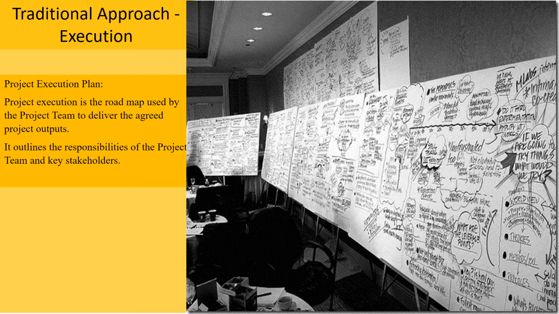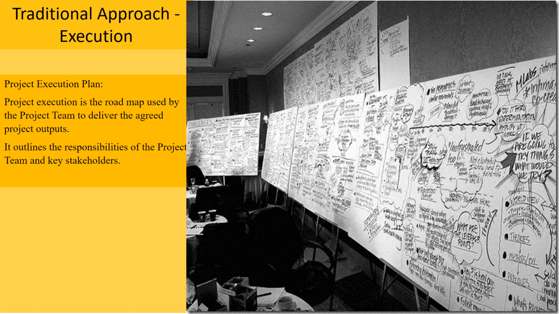So, we've only just looked at the initiation, which included the charter and the stakeholder analysis, and then the planning stage, which included all the different sections, including the budget, the work breakdown structure, the project requirements, the scope, the schedule, and now the risk.